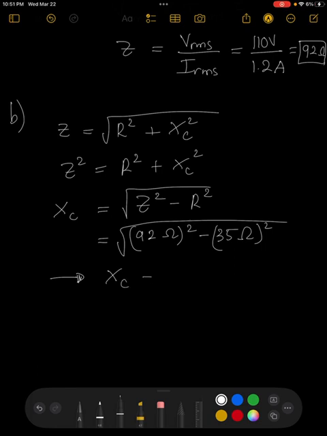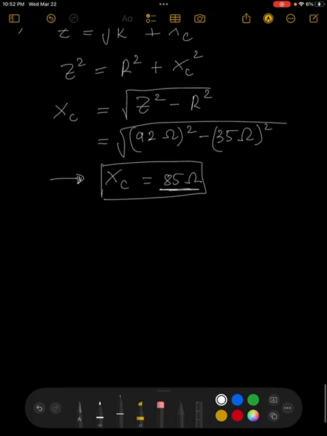XC is going to be 85 ohms. So we can see that the majority of the impedance for this circuit is coming from the capacitor.